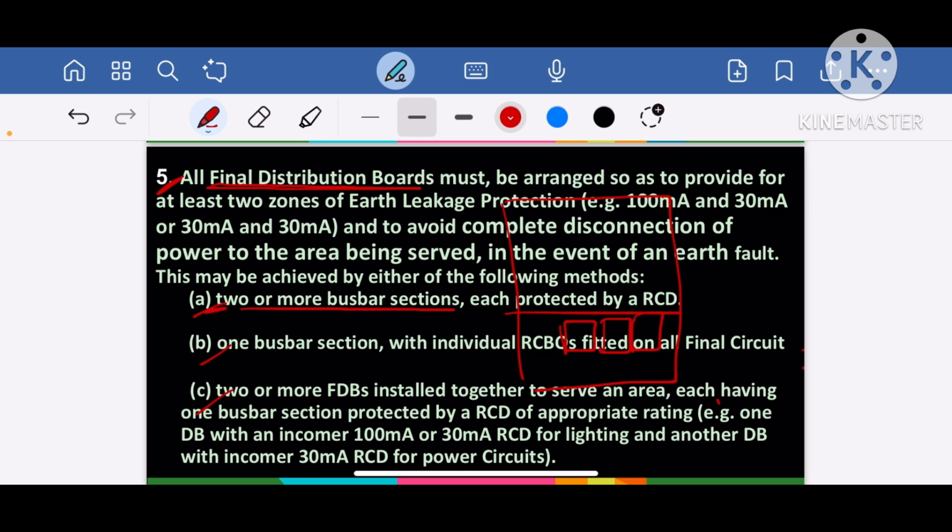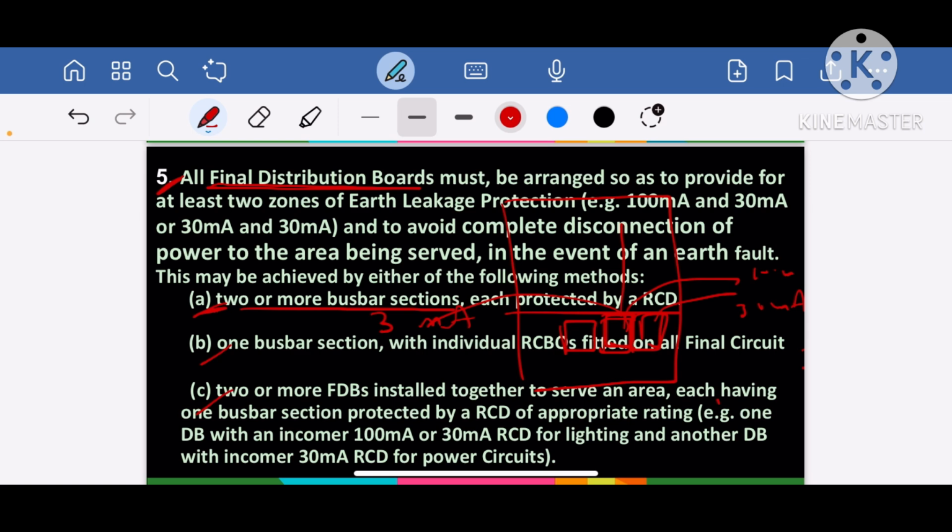In the first case, case A, it says that it should have two ELCBs or RCDs with a 100 milliampere rating or 30 milliampere rating, or it could be both. The important point to observe is that two or more bus bar sections are each protected by an RCD. So there will be two bus bar sections and each section is protected by one RCD.